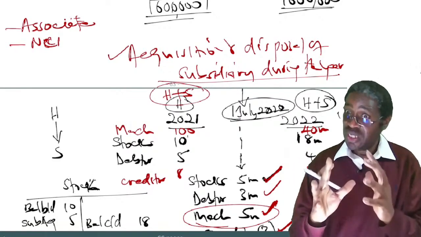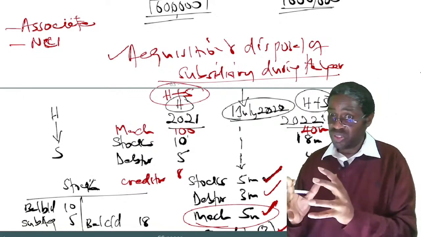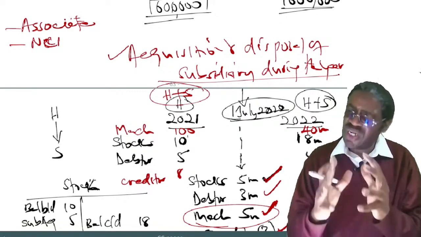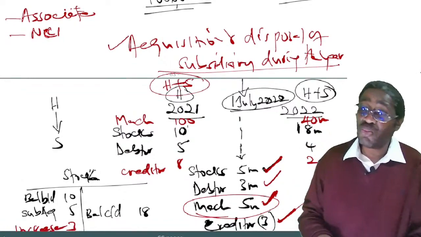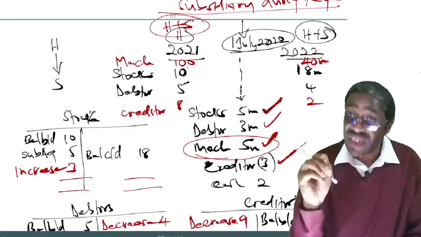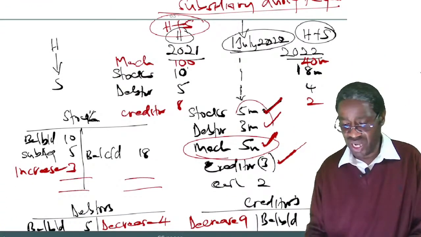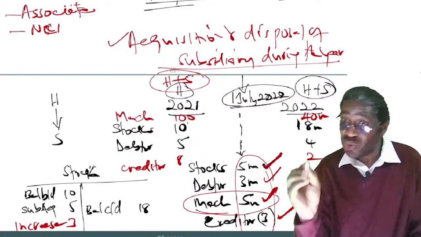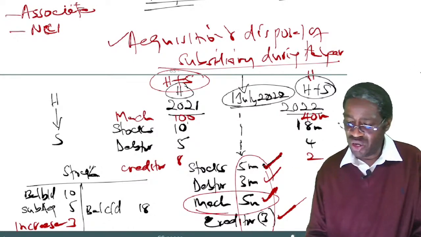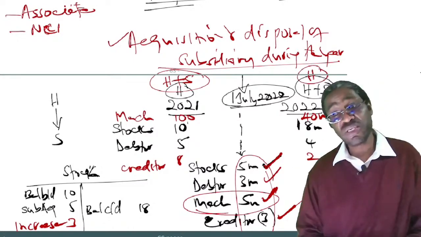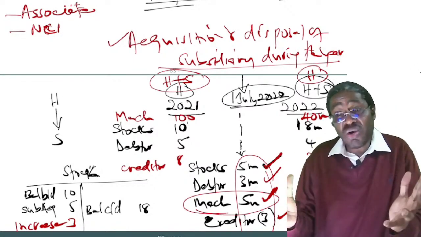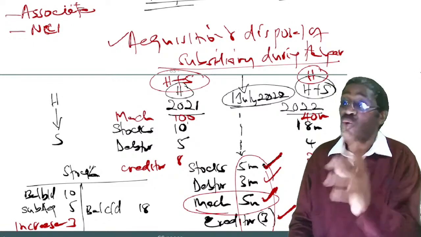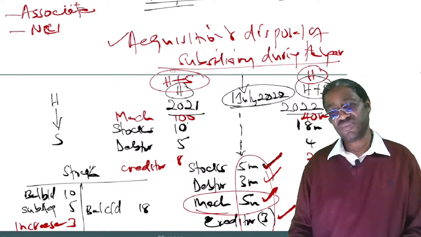That means it left the group. And that subsidiary that we disposed left the group with its own bunch of net assets. Meaning, again, the balance sheet we shall be given by the end of the year will only be for H only. Why? Because S is no longer a member of the group. We sold it on 1st July.